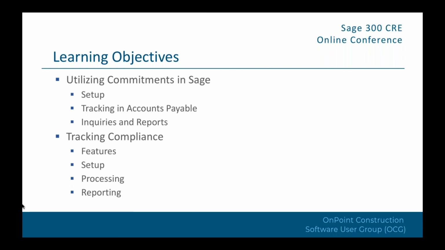So we're going to go through and look at the setup of the commitments, the tracking of them in accounts payable, how we use them in the accounts payable module, and some of the inquiries and reports for them, and then tracking the compliance, some of the features and the setup and processing and reporting of the compliance area.